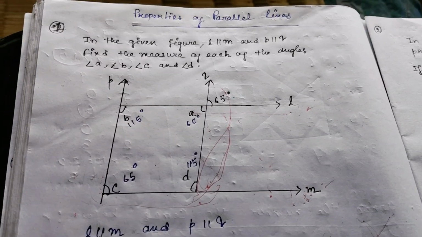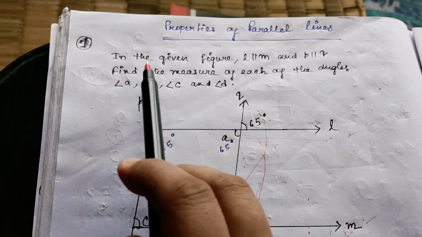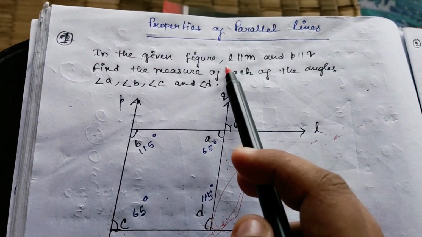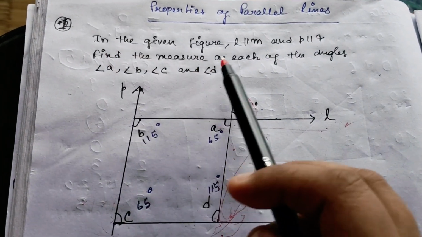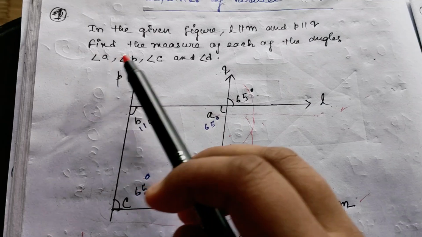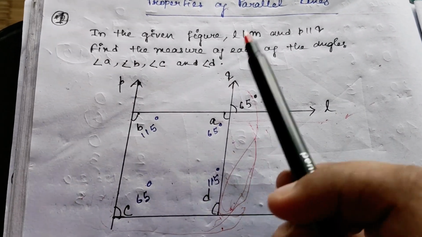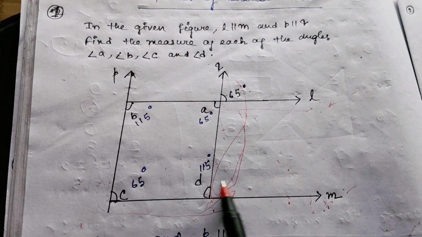So let's start. The first question says, in the given figure, L parallel to M and P parallel to Q, find the measure of each of the angles A, B, C, D. So this is the diagram.